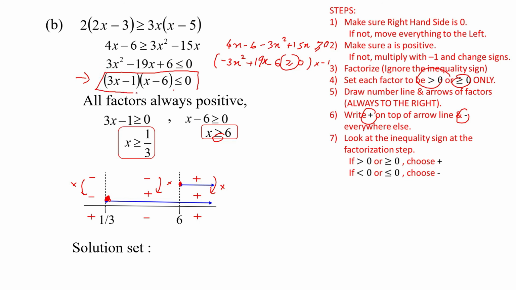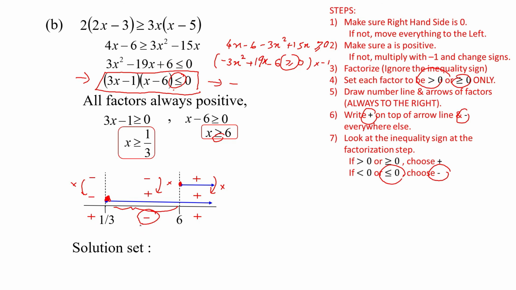Look at the inequality sign here at the factorization step. It's less than or equal to 0, so we have to choose the negative answer, and the negative region is between 1/3 and 6. So it's a region between 1/3 and 6.